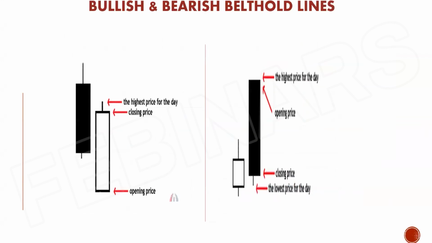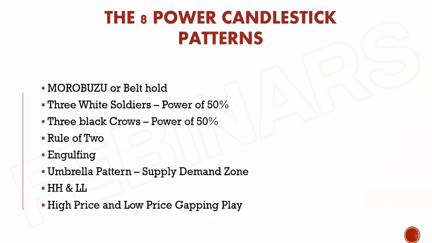We have learned the Marubozu, belt hold, three white soldiers, three black crows. Usually 50 to 60% of the move should not be retraced. If it retraces more than 60 or 70%, then the power of the trend is reduced. When three white soldiers happen and 50 to 70% is retraced, the power of that trend is reduced.